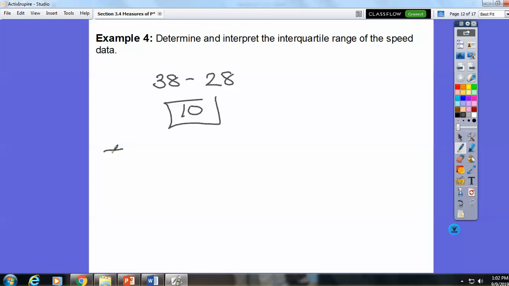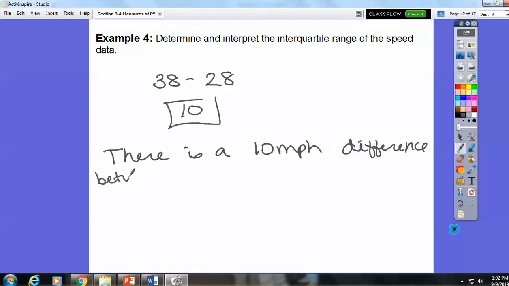So to interpret, that means there is a 10 mile per hour difference between quartile 1 and quartile 3. Another way to think of it is basically 50% of our data fell within 10 miles per hour of one another.